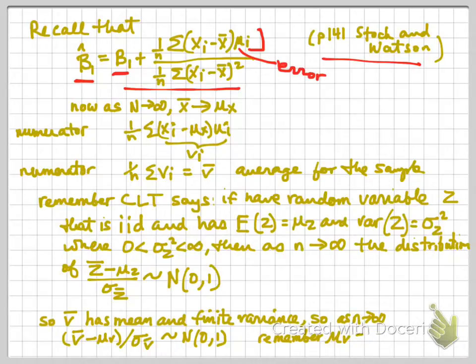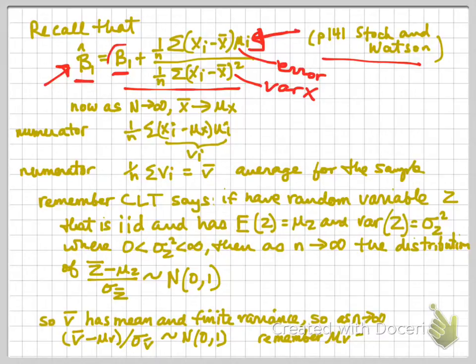And then in the denominator we have the variance of x, the sum of xi minus x bar squared. So the distribution of beta hat, that's what we're interested in, is going to be close to the distribution of this numerator.